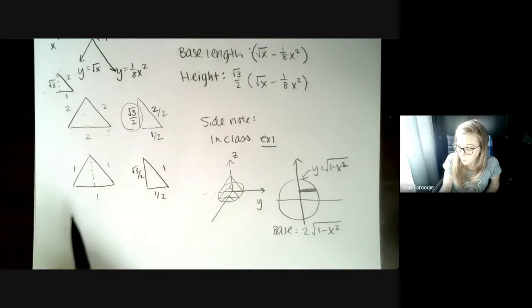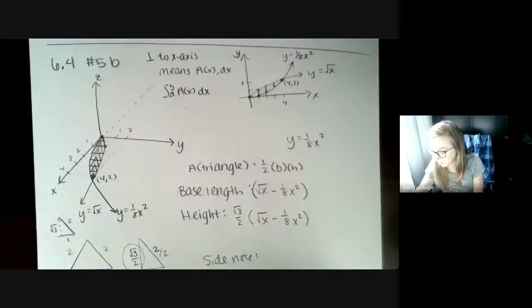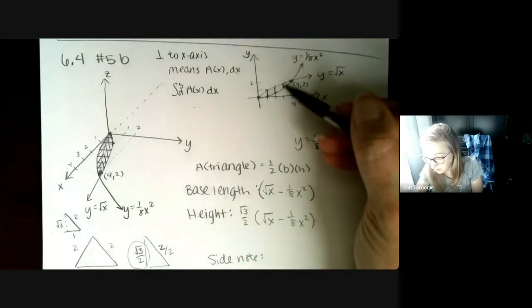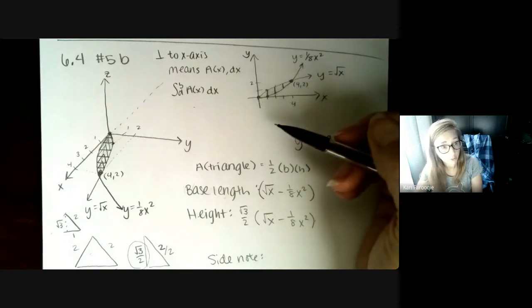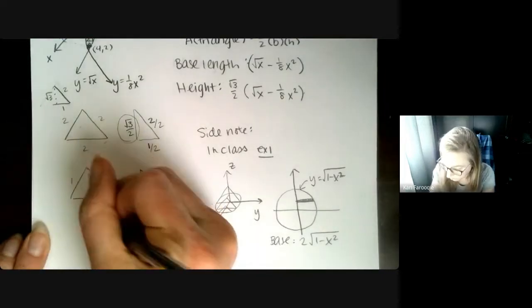In this case, we're not multiplying the base length by 2 because we don't have that same situation. What we have here is just that the base is what you see. It's not getting multiplied by 2. So for that, it makes sense to use this variation of the triangle, where this is the whole base length.